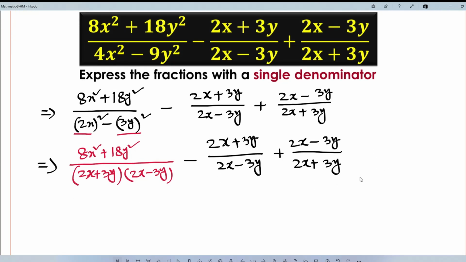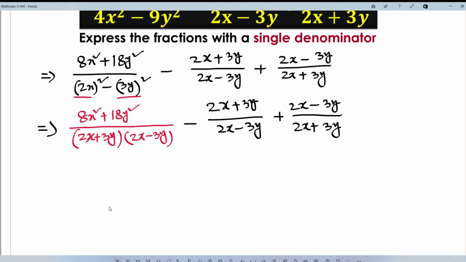Okay, so our target is to make a single denominator. Here are three terms. To do LCD, we need the LCM.